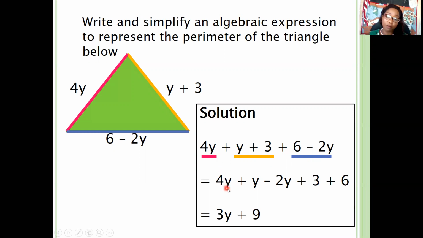So we put down 4y. Then we have plus y. Of course, I know that some of you have already gone ahead and started circling items just to make sure you are on track with how we were doing this. So I'm going to go ahead and do that as well.